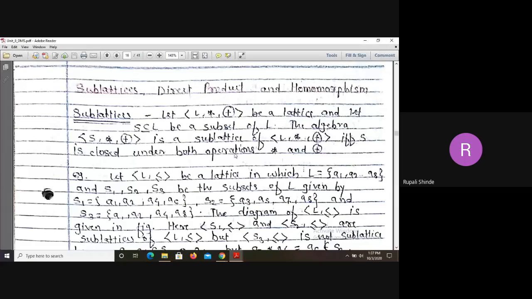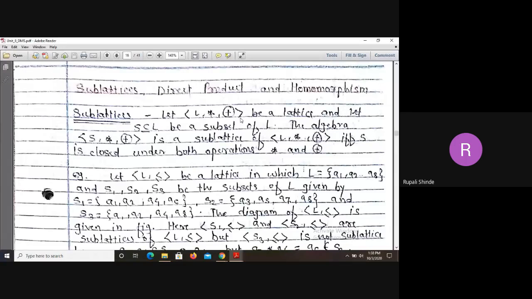Then S star XOR is called a sublattice of L star XOR. So this is the definition for sublattice. Just keep in mind that if L is a lattice and S is another set, then in order for S to be a sublattice of L, S must satisfy two properties.